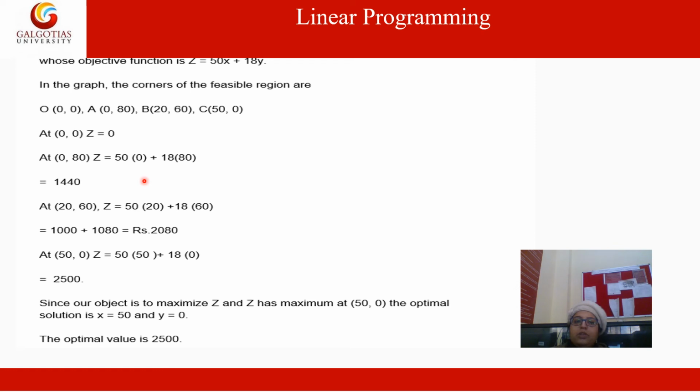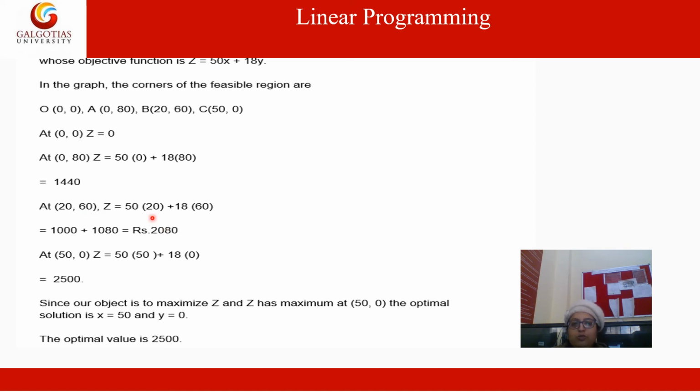So when I put this value of 0 and 80, that is x equals to 0 and y equals to 80 in the objective function, I get this value of 1140. The next is at point B we were having 20 and 60. So let us put these two values in the objective function.